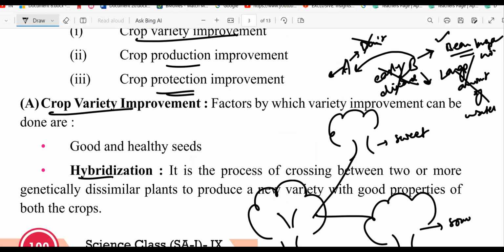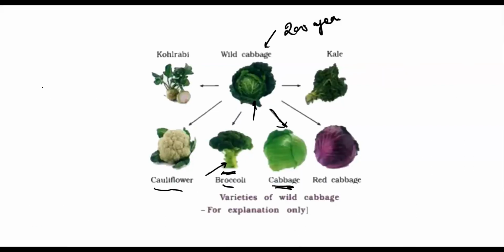So by doing hybridization, we can generally improve a crop. For example, initially the tomatoes, when we kept them for 1 or 2 days, did not have a thick wall. Their wall was very thin, and when we were transporting tomatoes from one place to another, this wall easily disintegrated, and the tomatoes got rotten.